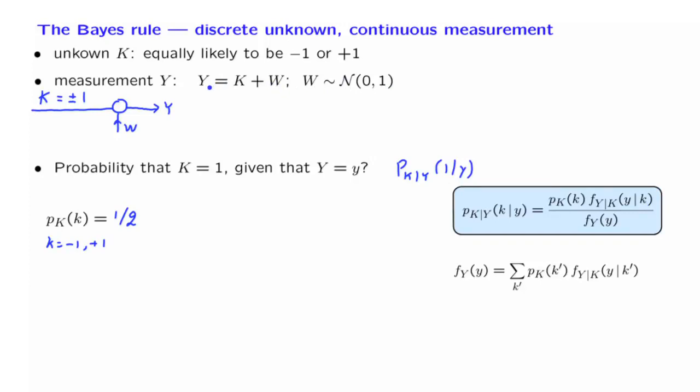It means that y is a standard normal random variable to which we add the value of k. So if k is equal to 1, we're taking a standard normal and we add a value of plus 1. So y, given that k is equal to plus 1, is going to be a standard normal plus 1.